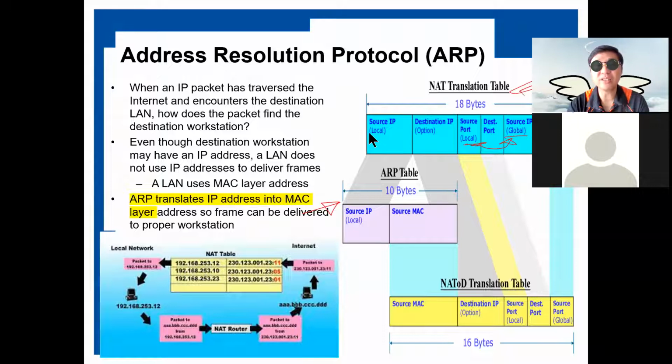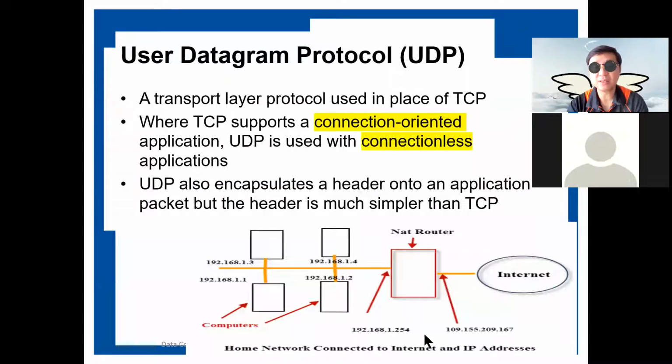So you have this source IP address, usually the local one, and then the destination, and also the source port number, and remember the service number, the destination number, and there's also this thing about the global IP address. You notice that these are the public IP addresses, right? If you look at this router, it actually hides the private address.